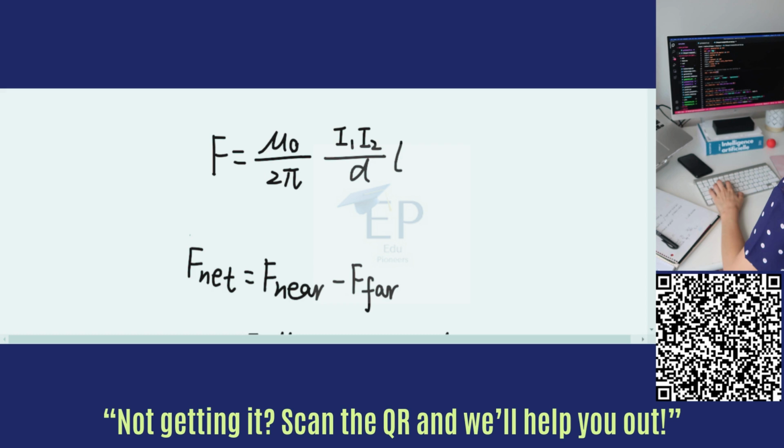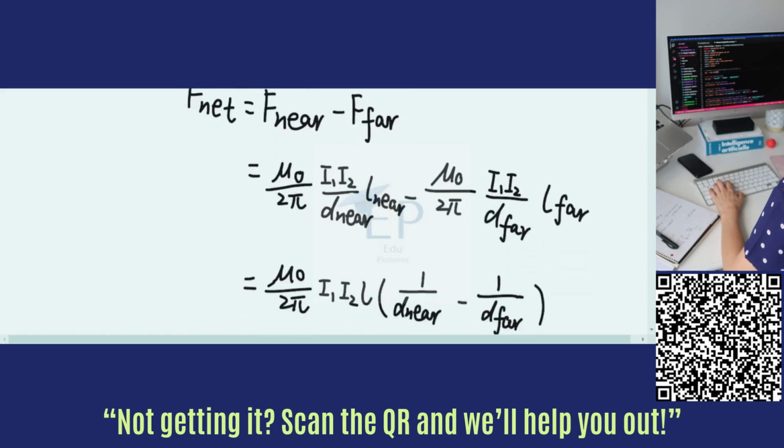Well, since the net force on the rectangular loop due to the current-carrying wire placed next to the rectangular loop is the difference of the force acting on the loop on the nearer side and the force acting on the loop on the farther side. Okay, therefore we have F net is equal to the force on the near side minus the force on the far side. Okay, so we'll have mu 0 over 2 pi times I1 I2 over D near times L near minus mu 0 over 2 pi times I1 I2 over D far times L far.